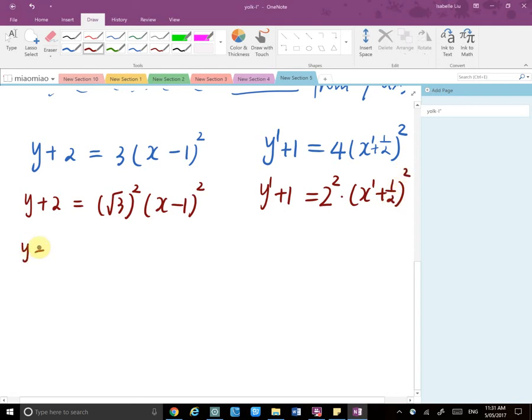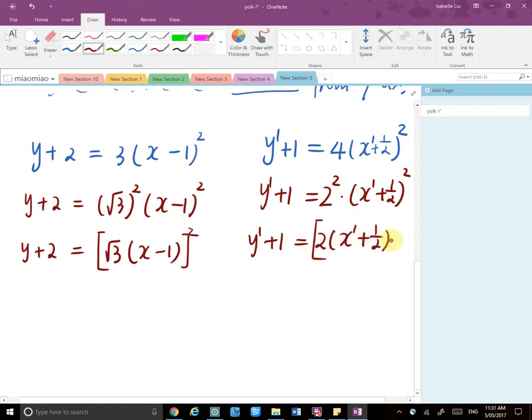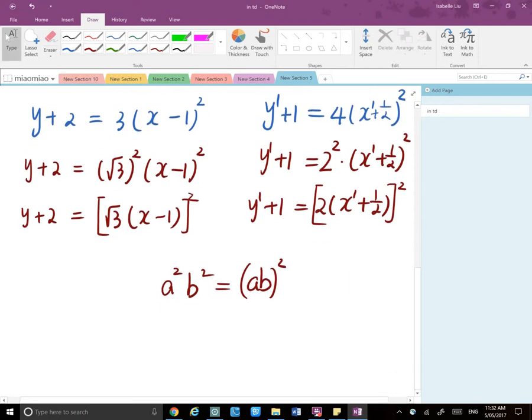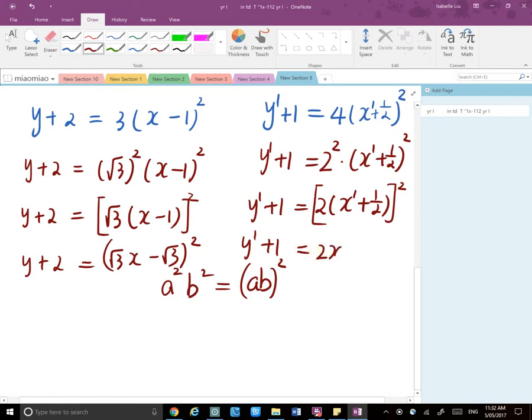So I have y plus 2 equals square root 3 times x minus 1, the whole thing squared, and y dash plus 1 equals 2 times x dash plus a half, the whole thing squared, because a squared times b squared equals ab together, squared. So I put the number back inside the model. So I have y plus 2 equals root 3 x minus root 3, squared, and y dash plus 1 equals 2x dash plus 1, squared.